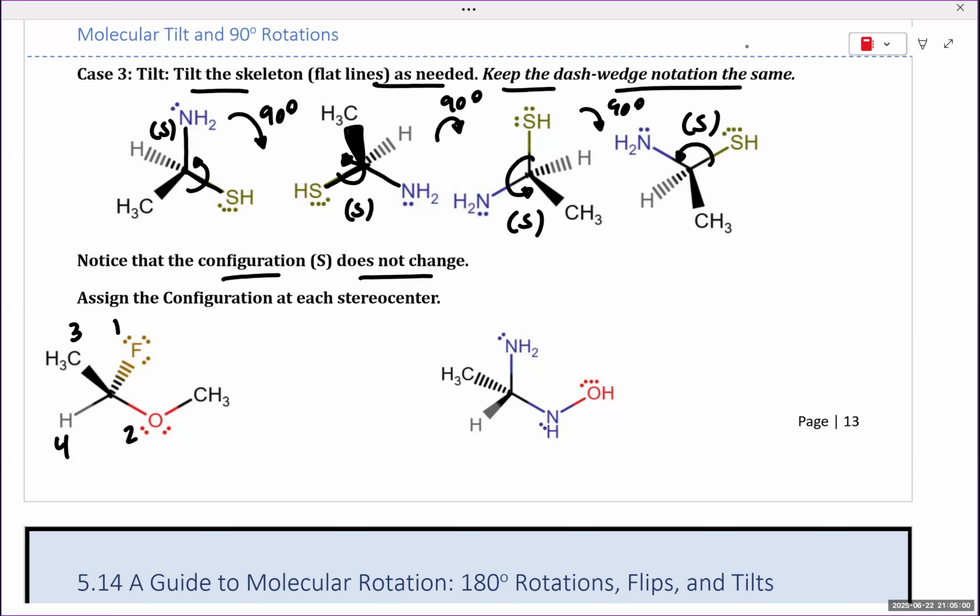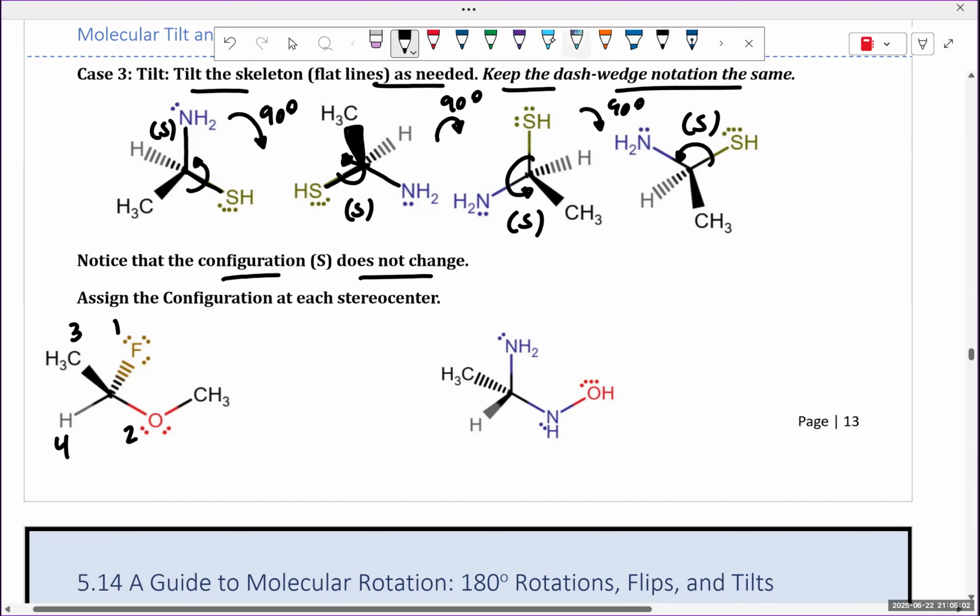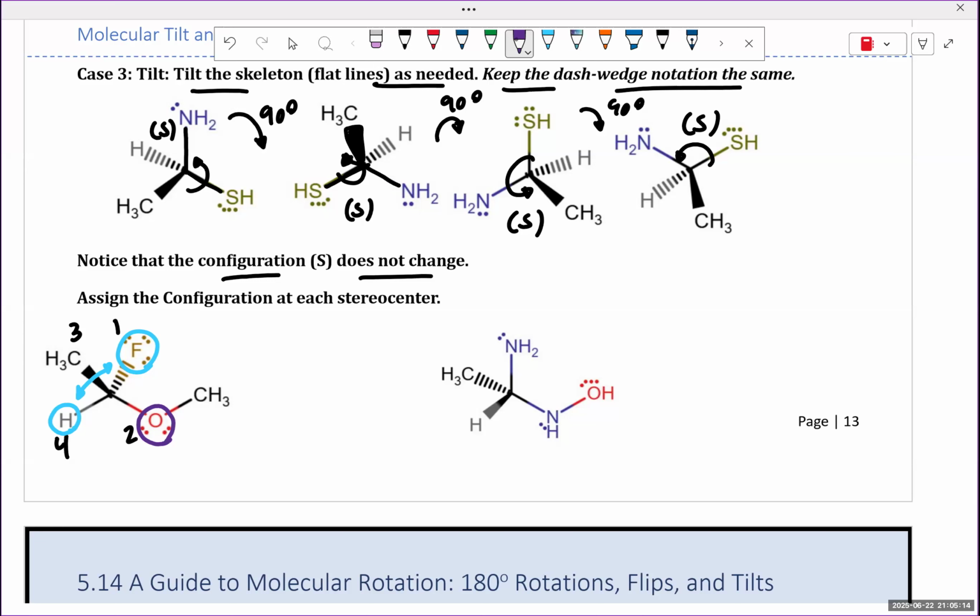I need my hydrogen in the back. So I'm going to use the double swap method. I'm going to swap the hydrogen and fluorine to put the hydrogen in the back. Then I'm going to swap the oxygen and the methyl group in order to retain my configuration.